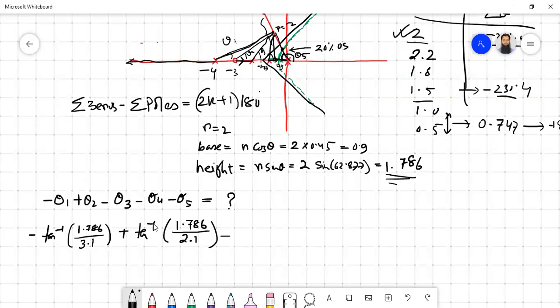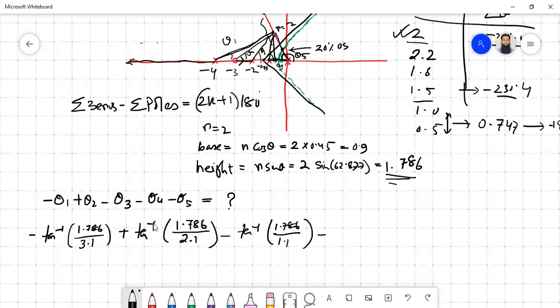Then you have minus theta 3, that is tan inverse. This theta 3 is at -2, so it will be 1.786 divided by 1.1. Okay, so 2 minus basically 0.9.